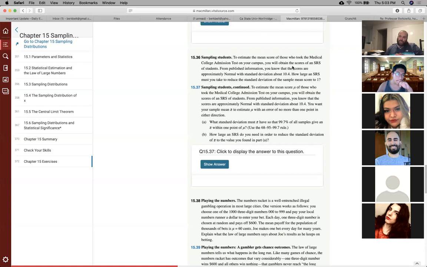So, what is the standard deviation again for the sample distribution? 10.4. That's for the original distribution. For the sample distribution, what's the standard deviation? It is 10.4 divided by what?